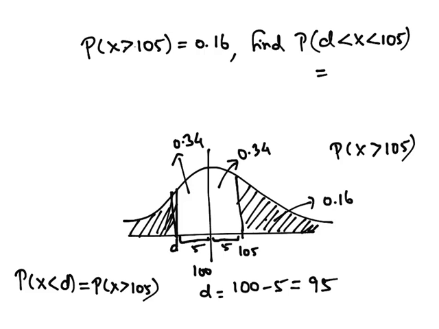So the answer is 0.34 times 2, which is 0.68. So the probability that X takes the value between d and 105 is 0.68.